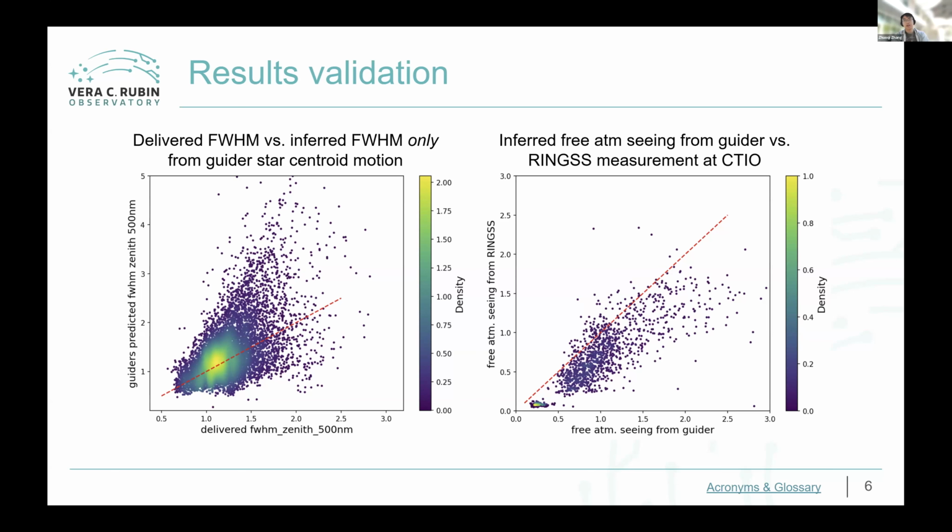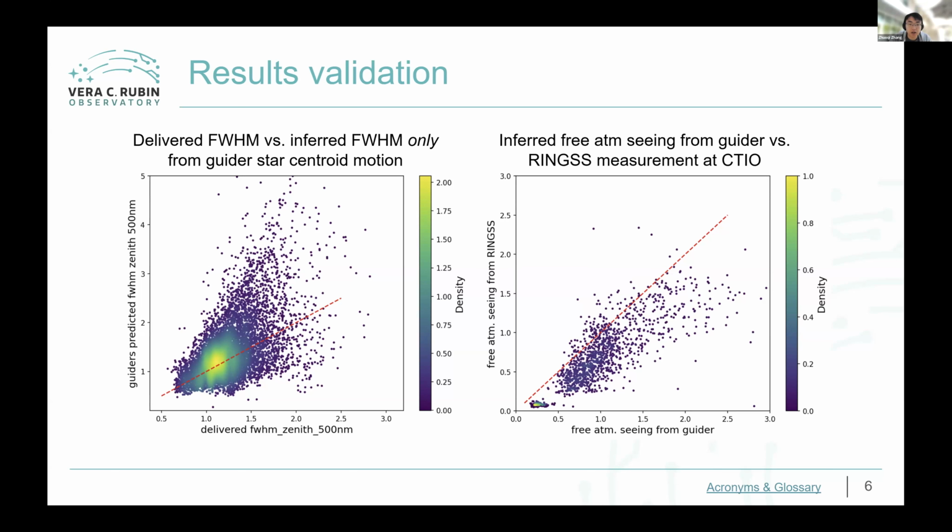And on the right is more of a test of the layer separation scheme. I was comparing the free atmosphere seeing inferred from the guiders versus the free atmosphere seeing measured on RINGS at CTIO. CTIO is about a few kilometers away from Rubin, and RINGS is a separate atmospheric monitor instrument.